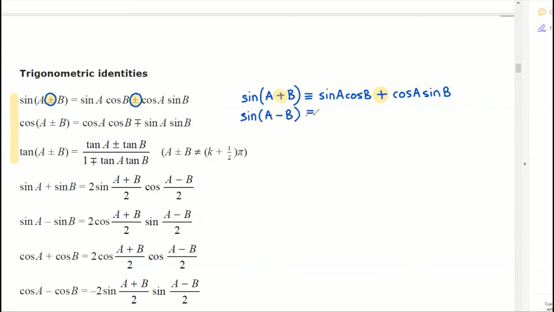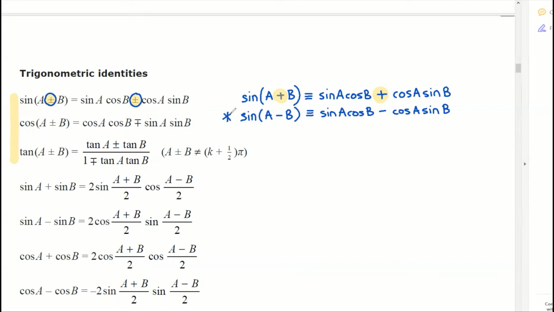Okay, but I would have to write a negative sign separating those two products. So that would be subtract cos A sine B. All right. So those are the two sine identities. We're going to focus mainly on the addition. The negative one here is a special case.